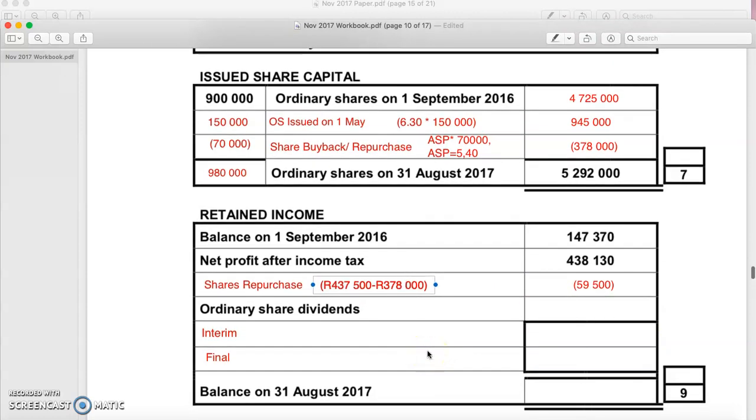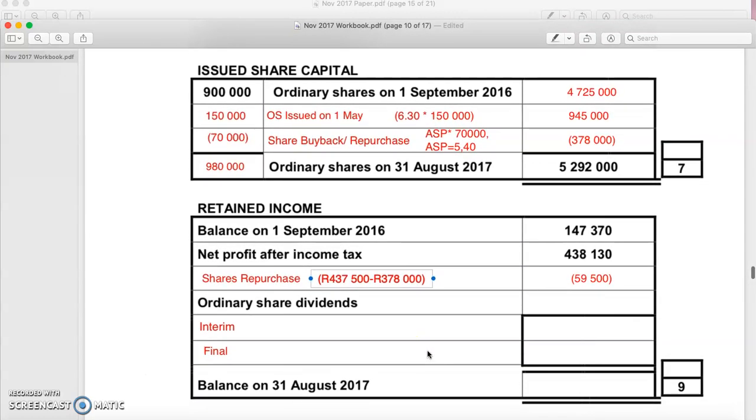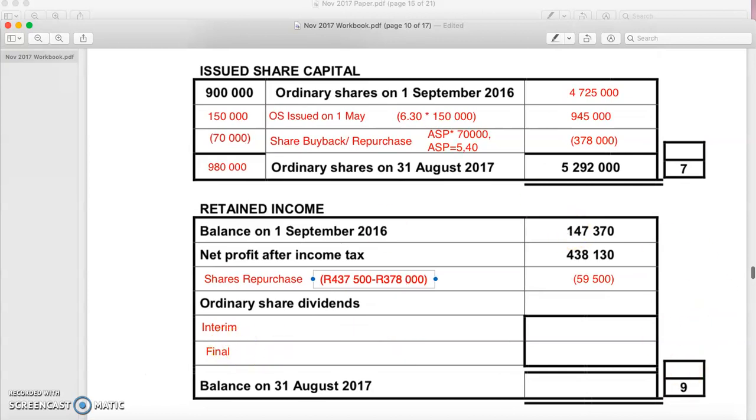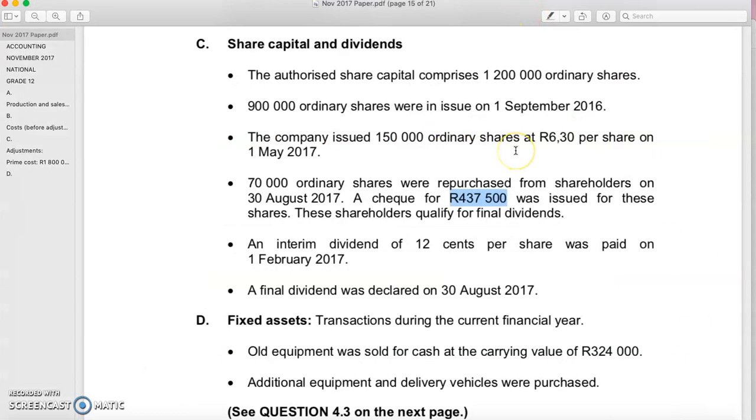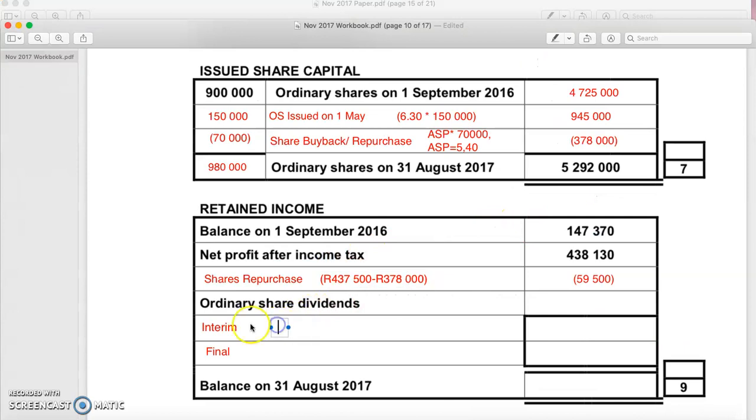Okay, then we have ordinary share dividends. Let's go read our information very quickly to see what we can find. It tells us that an interim dividend of 12 cents per share was paid on the 1st of February 2017. So we know it's going to be 12 cents, right? But now we want to figure out how many shares this was on.